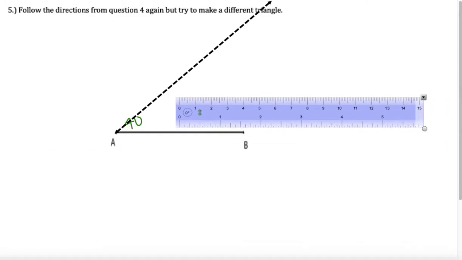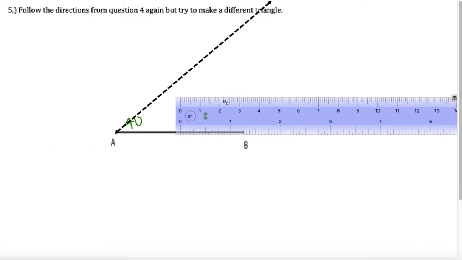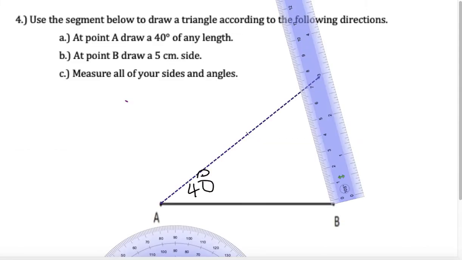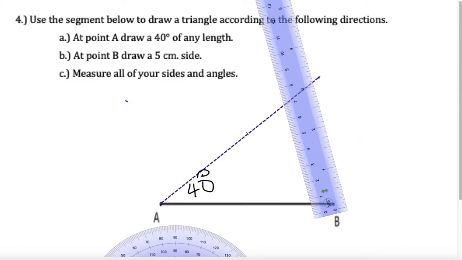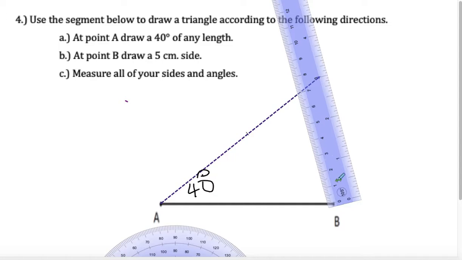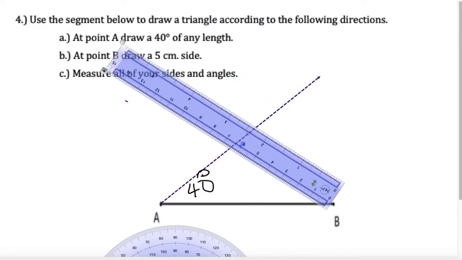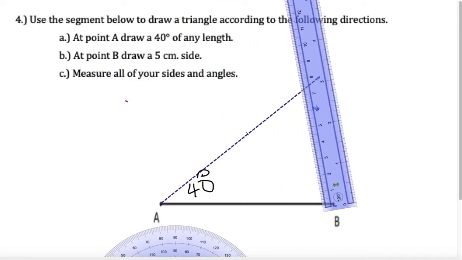Just as we were here, take your ruler and rotate and see if you can find another place where 5 centimeters would hit.